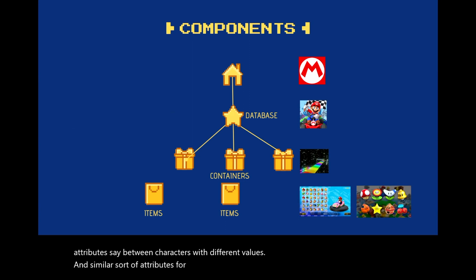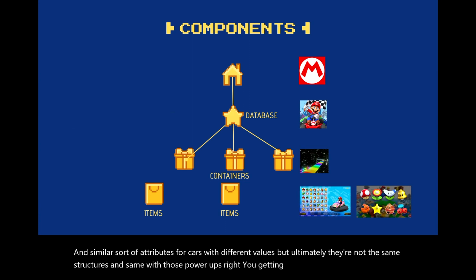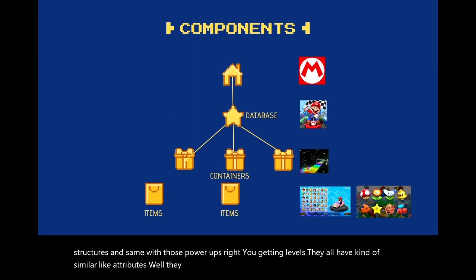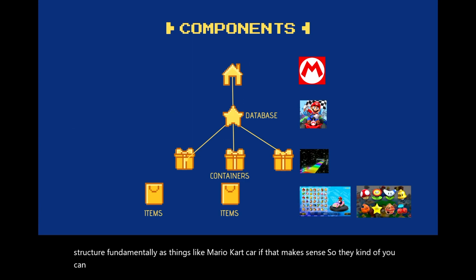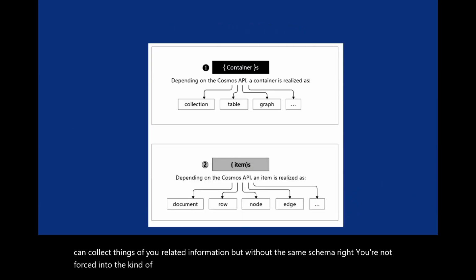But ultimately, they're not the same structures, and same with those power-ups, right? You get in levels, they all have similar attributes. Well, they have different values, but they're not fundamentally the same data structure as things like a Mario Kart car. If that makes sense. So you can collect things of related information, but without the same schema, right? You're not forced into rigid schema enforcement.